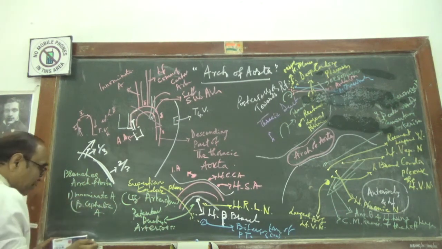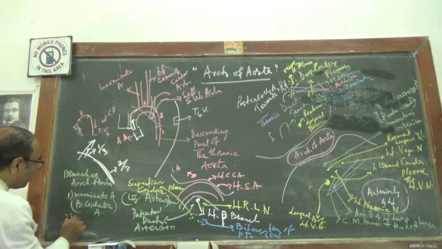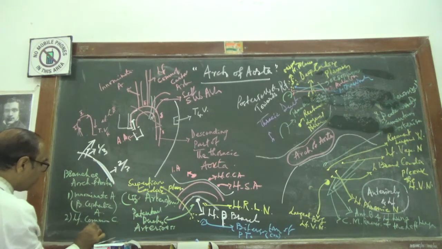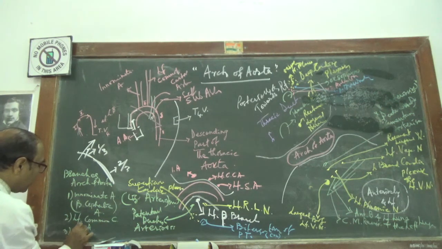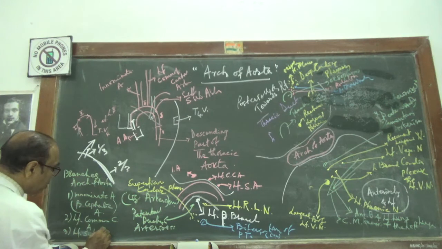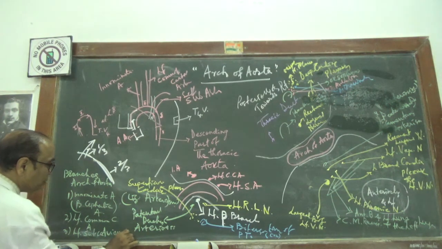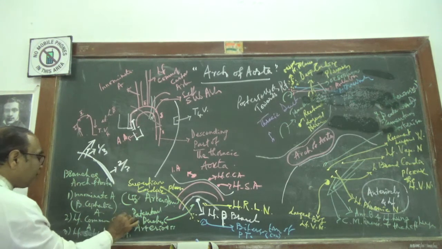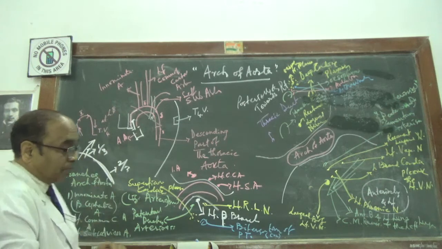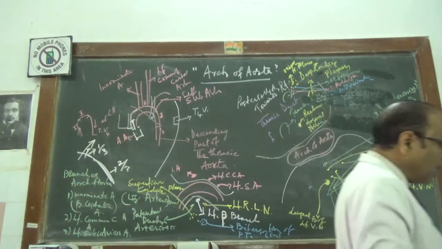This is the first branch. Then the second branch, the left common carotid artery. The third is the left subclavian artery. So these are the branches of the arch of aorta.